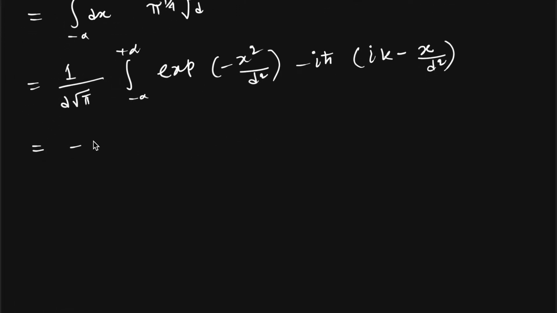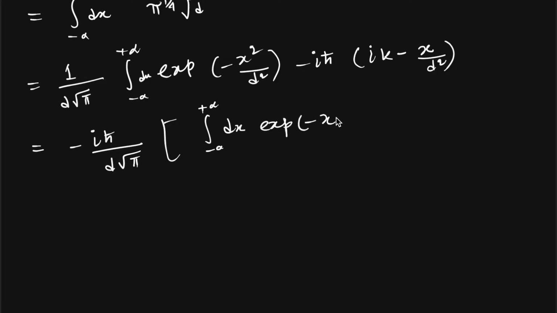That means minus i h cut by d root pi, integral dx exponential minus x square by d square, minus 1 by d square integral dx x e to the power minus x square by d square.